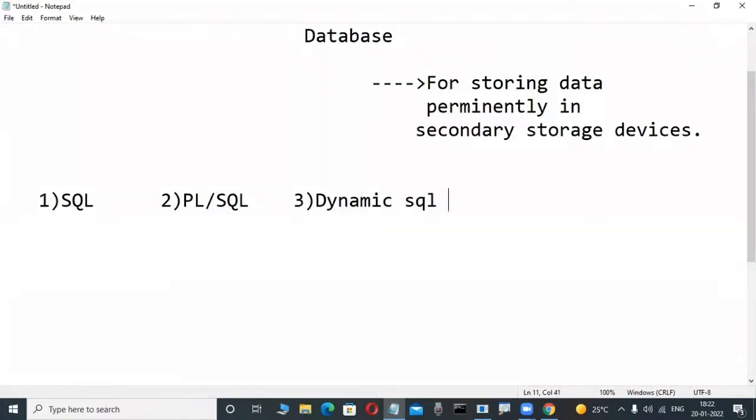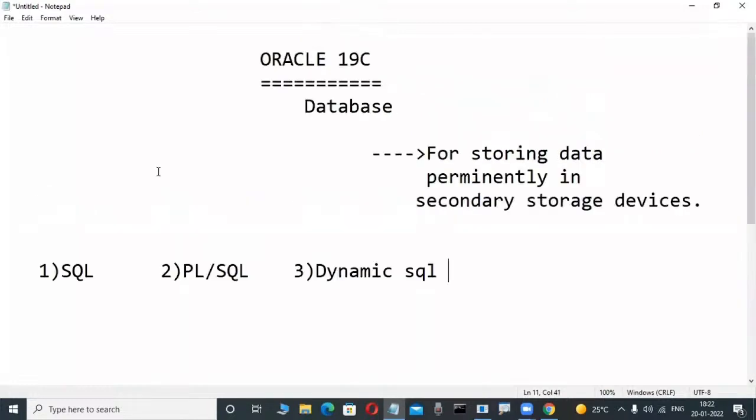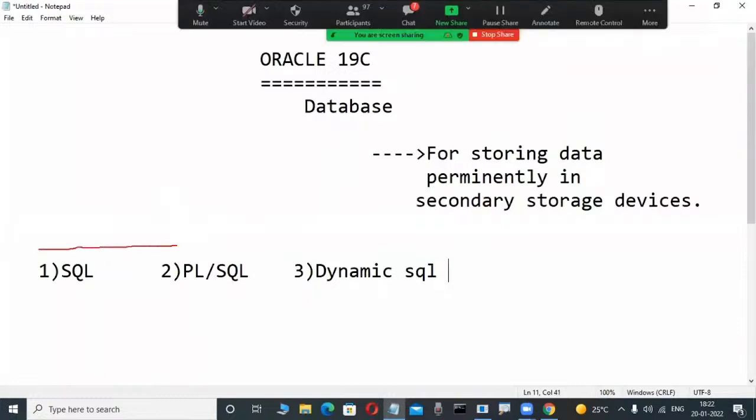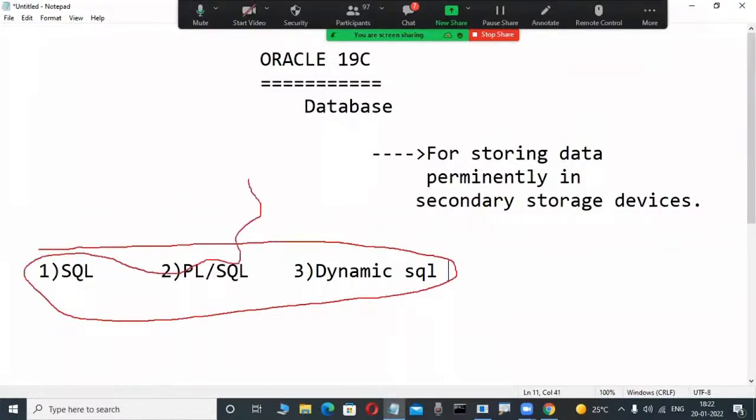That is a small one, because if you have good knowledge of PLSQL, it is a little bit of extension. These three languages, you have an idea. Through these three languages we are operating the Oracle software. That is most powerful.